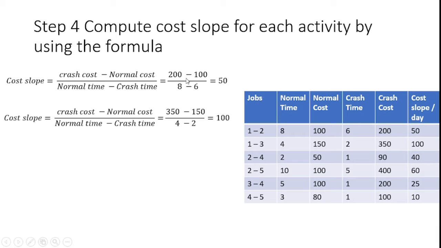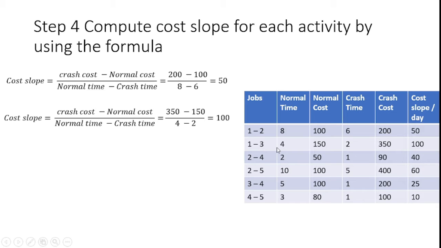Likewise, I substitute all the corresponding values with respect to jobs 1 to 2. From this I can get 50: 200 minus 100 is equal to 100, divided by 8 minus 6 is equal to 2, so 100 divided by 2 is equal to 50. For understanding, I consider another activity, 1, 2, 3.